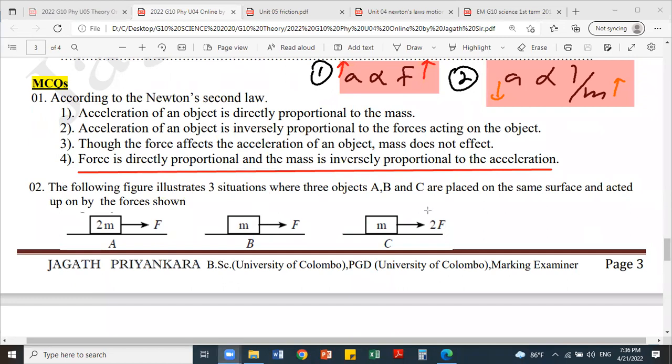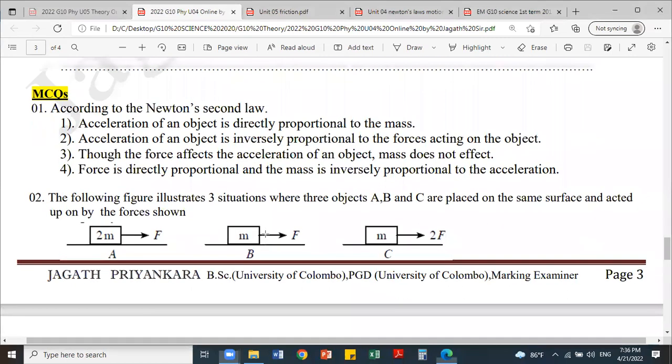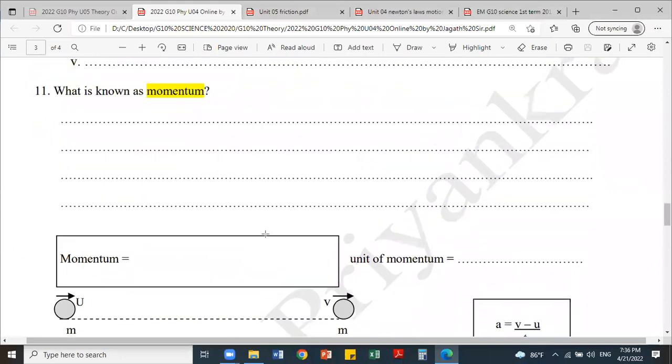Okay, those who couldn't write the definition for momentum, I'll write it again quickly, or you can request a recording even.